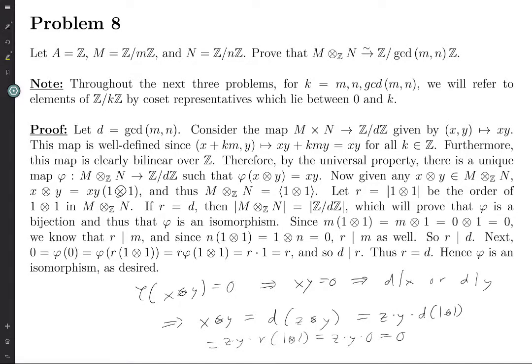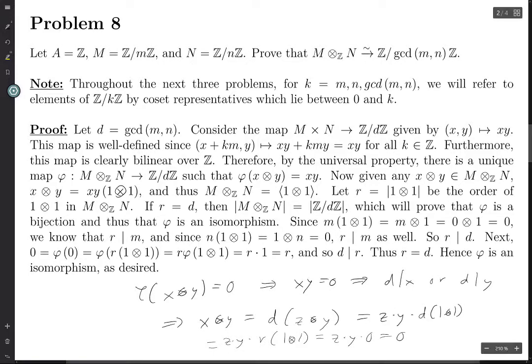Okay, so if r equals d, then it's easy to prove that phi is injective, and because you've got an injective map between two sets of the same size, it's automatically surjective, and therefore it's bijective. I guess there are a couple of steps I need to add between saying that these sets are the same size and saying that phi is a bijection.